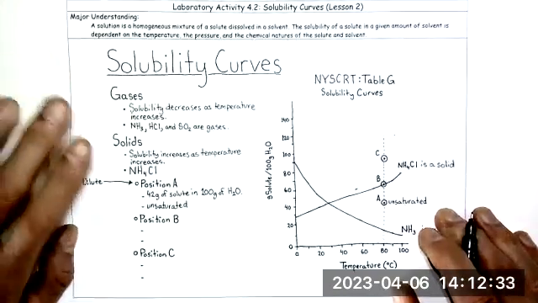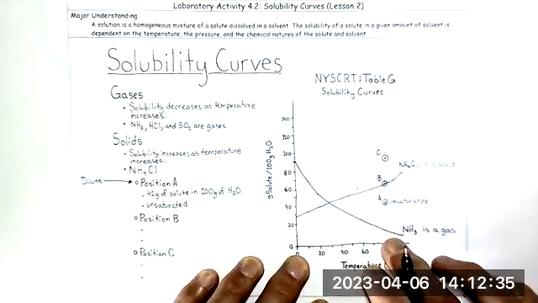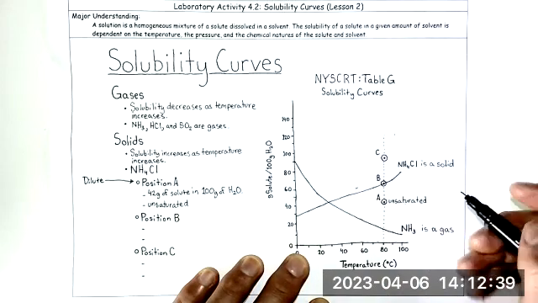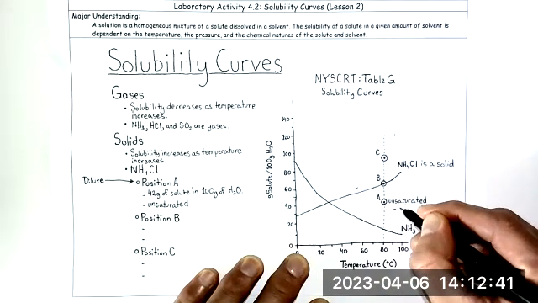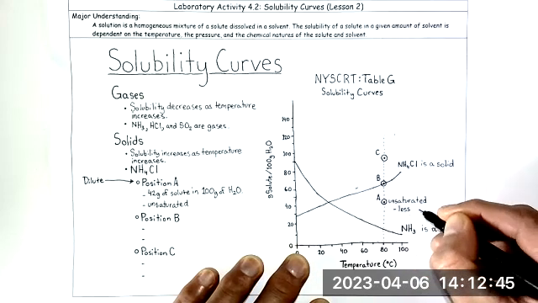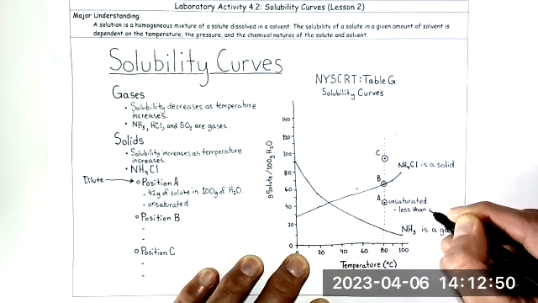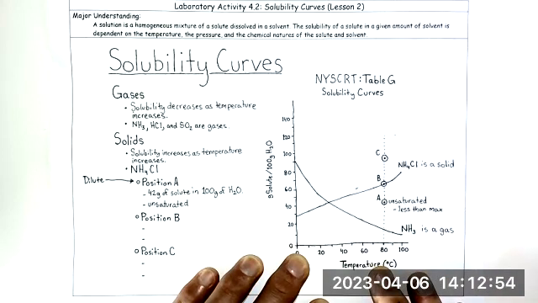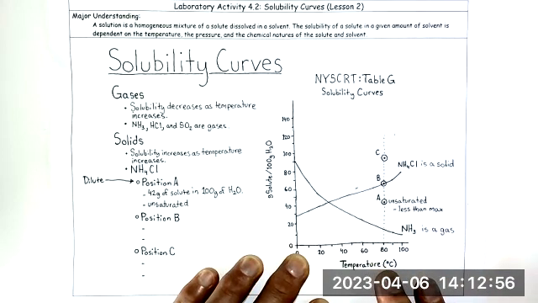Okay, and what that means is that you could add more solute to our solution and it would dissolve readily. Okay, so what we could say is that an unsaturated solution has less than the maximum amount of solute. Okay, so less than max.